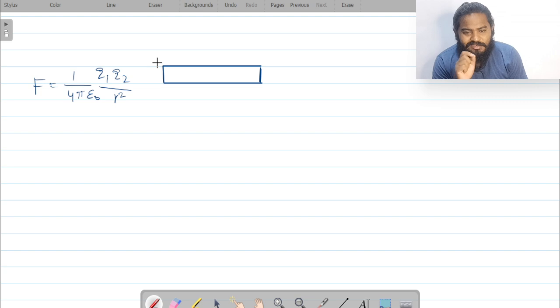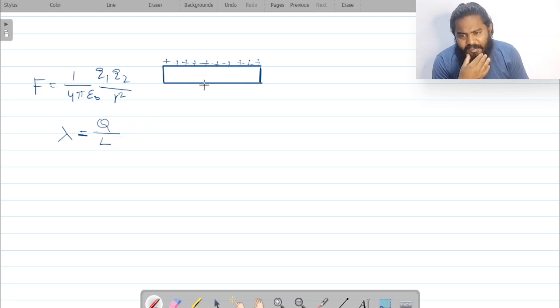That means the charge is distributed uniformly on this rod. So we can say its linear density is lambda. Lambda is nothing but the total charge on the rod per total length. This is called charge density. Total charge per total length, right?